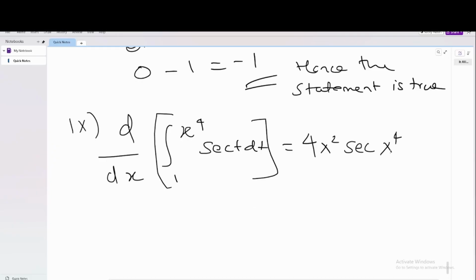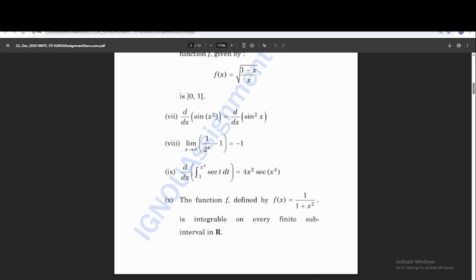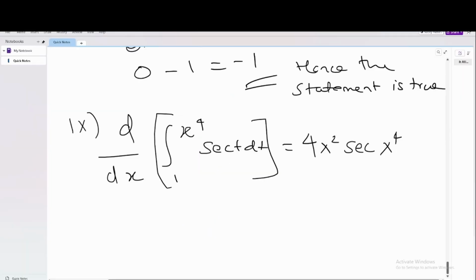Let me check this. We want to check whether this statement is true or false.